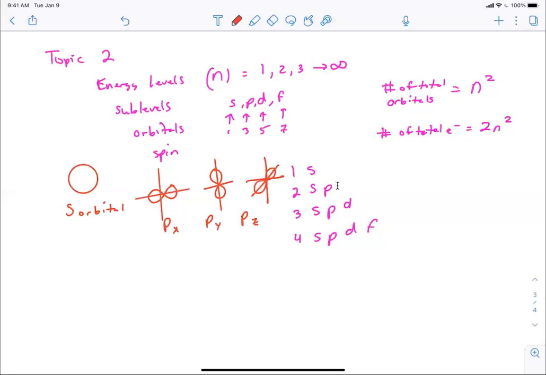So make sure you're aware of that, because that could be a very simple short answer question saying, illustrate what the shape of a pz orbital looks like. And not only do you have to know what a p orbital looks like, kind of a dumbbell, but also that the z means that it is on the z-axis. Some students may just draw a p orbital like they do in px and say that's correct, and that would be wrong because it has to be on the z-axis to be recognized as the pz atomic orbital.